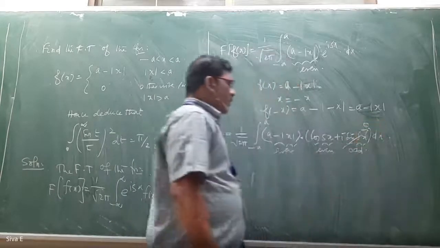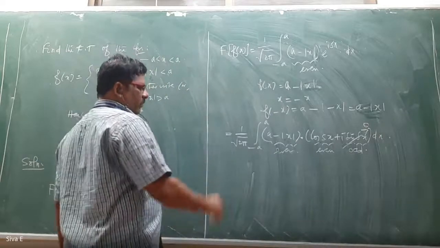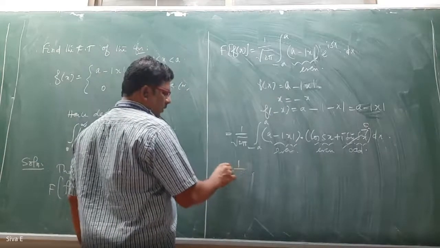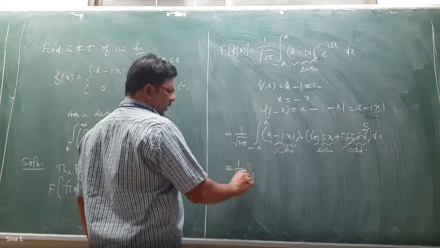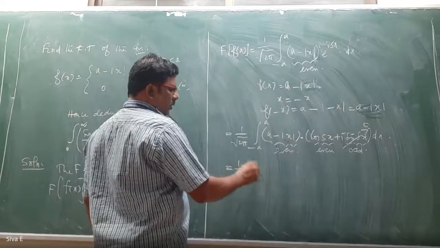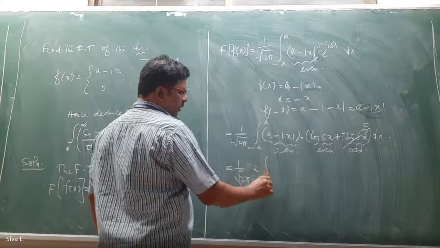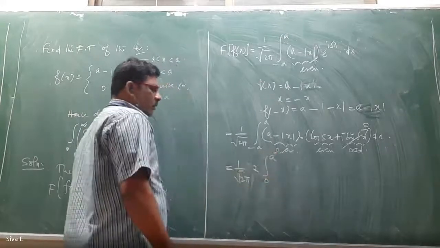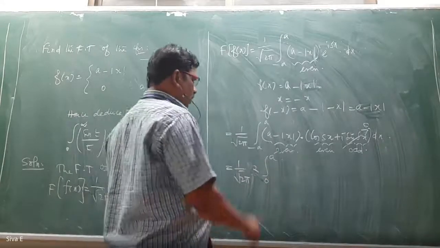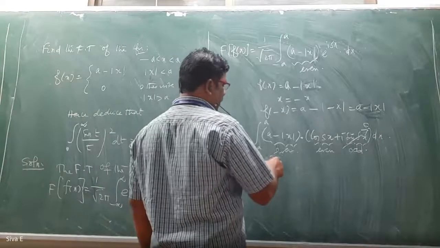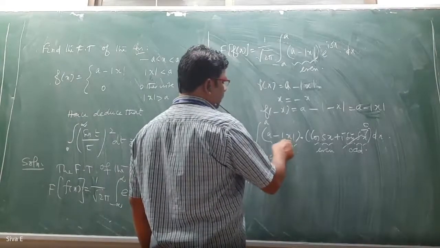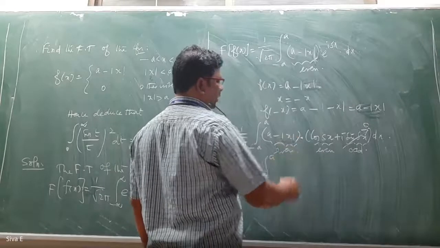That will be 0. Only the first term will be there. 1 by root 2 pi, and then one more thing, you can multiply by 2 here. You change the limit to 0 to a. And in 0 to a, it is positive, minus is not possible, so always mod x is x.